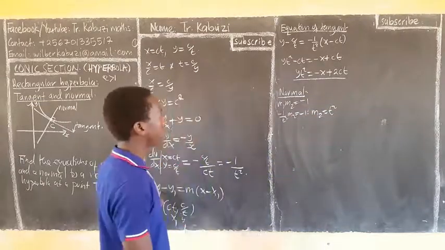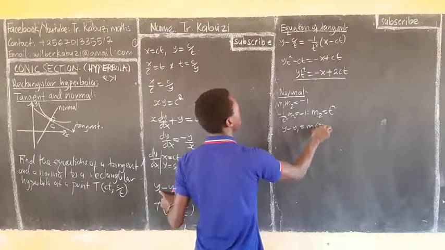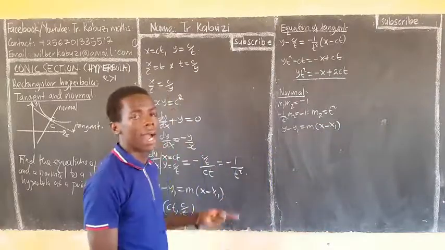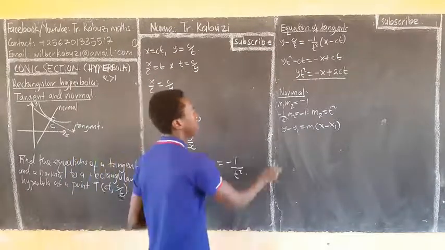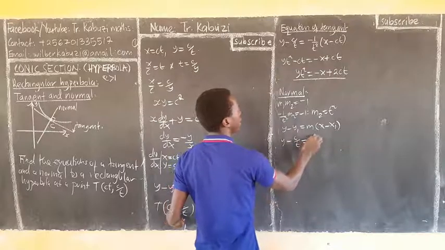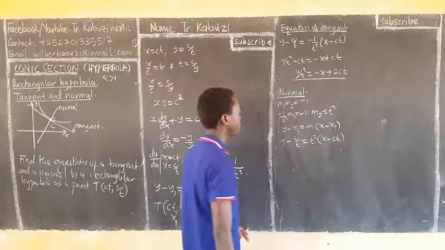Still, if I use this formula, because a tangent and a normal are at the same point, it's going to also pass through that point. So y minus c over t equal to t squared into x minus ct.